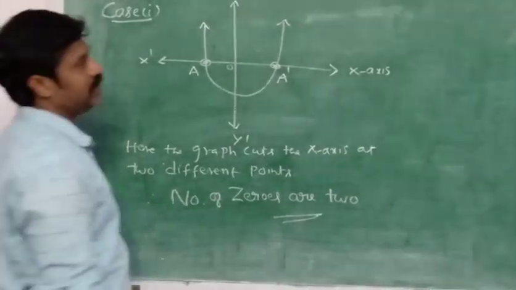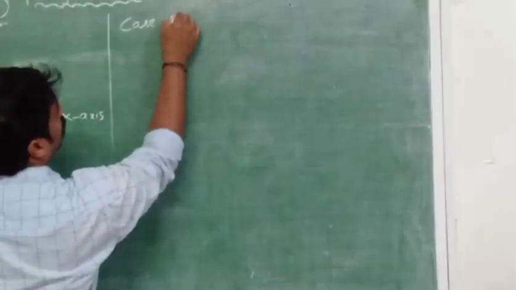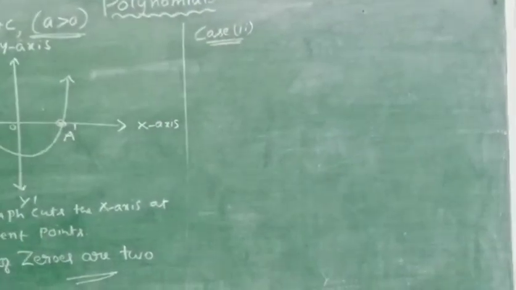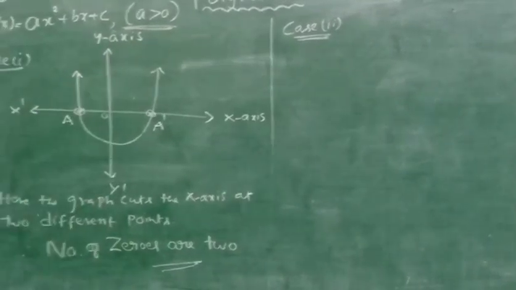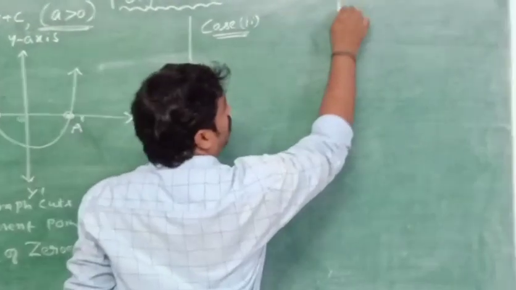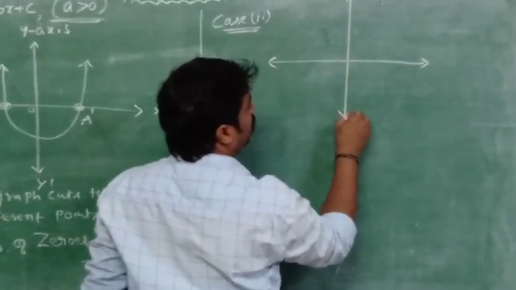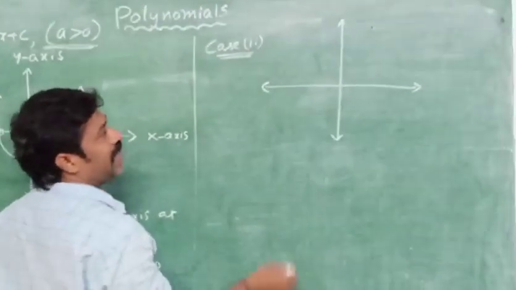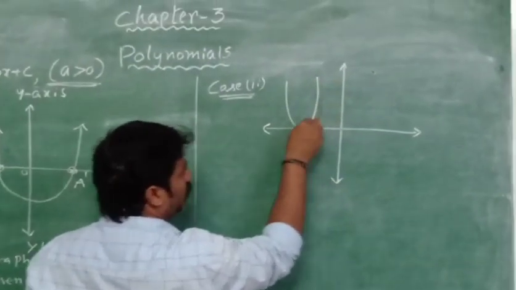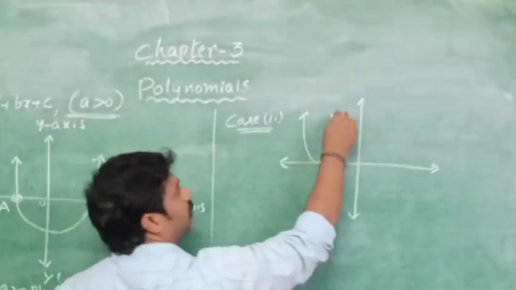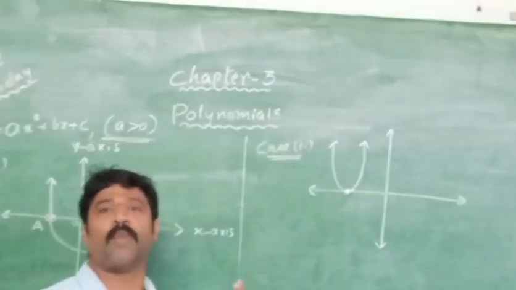Similarly, another case is there. So in case 2, if ax square plus bx plus c is a quadratic polynomial, and if a is greater than 0, if we draw the graph of that quadratic polynomial, another possibility is that the graph may touch the x-axis at only one point. So this is one of the possibilities.